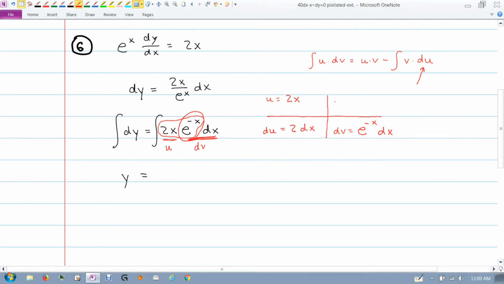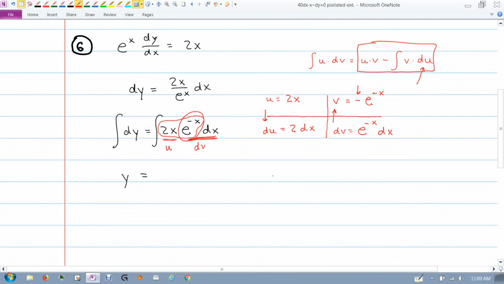And now to get to v, I have to integrate to come up. So it's differentiation going down and integration coming up. The antiderivative of e to the negative x is just negative e to the negative x. So I think we've done enough of those with chain rule to be able to understand where that negative comes from. All right, now, according to the formula, this integral turns into this expression.